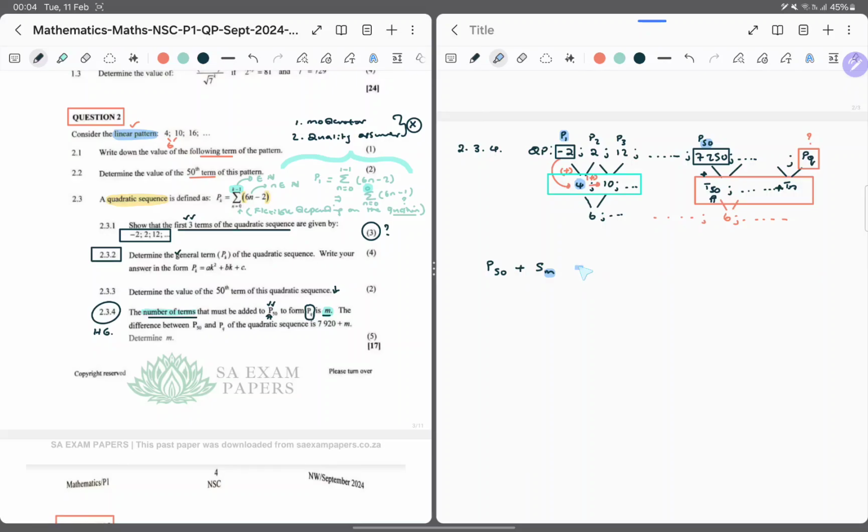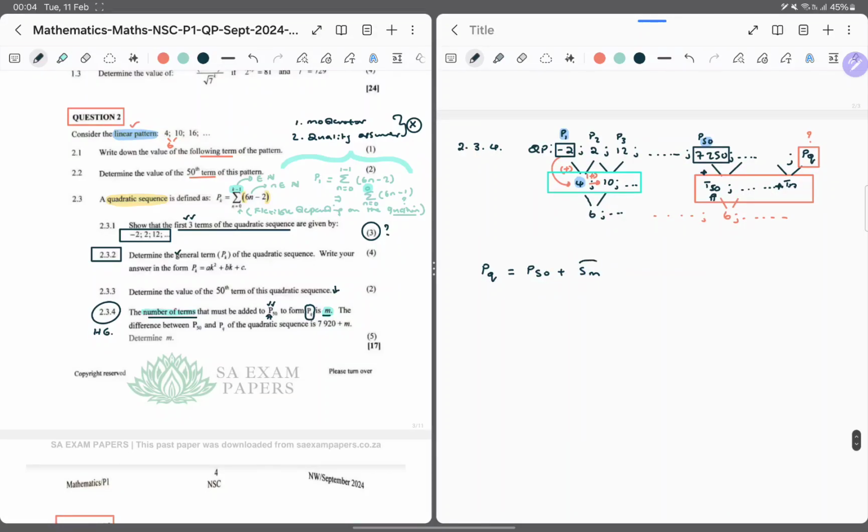So this is going to be equal to, we are told it gives us PQ, right? Or we can easily write it the other way around. Perhaps it's best if we say P sub Q is going to be P50 plus S sub M, because that's the number of terms. Now we know this sum is those terms right there.